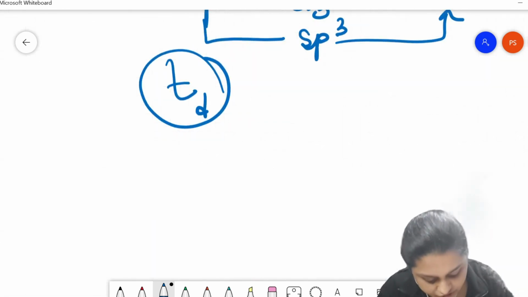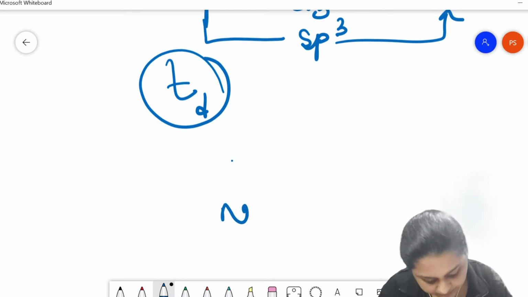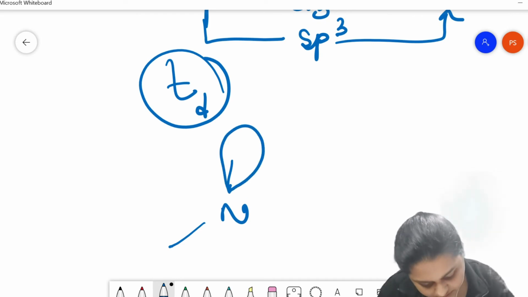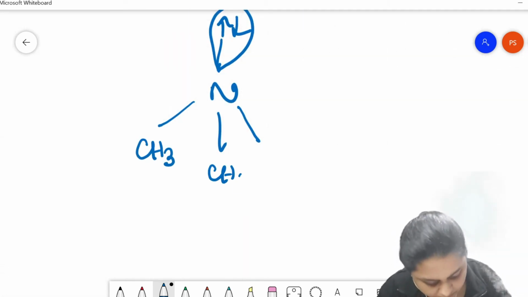Now we know that sp3 gives a tetrahedral structure. So the structure of (CH3)3N is going to be pyramidal.